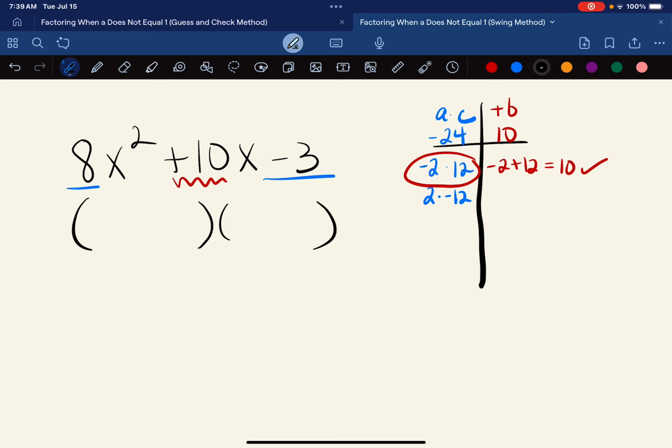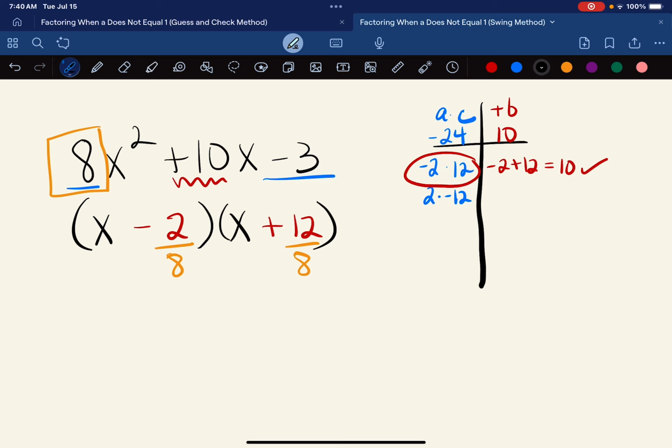So we're going to start by placing our variable in the front of each set of parentheses, and then we are going to include our minus 2 and our plus 12, the two factors that we came up with. All right, then we check our a value, which is a positive 8. So I am going to place divided by 8 on both of these.